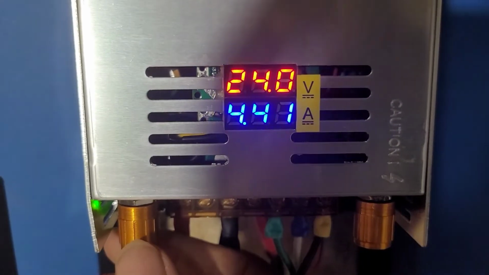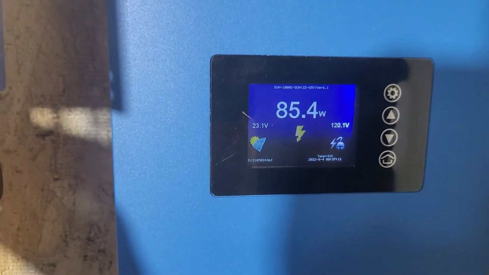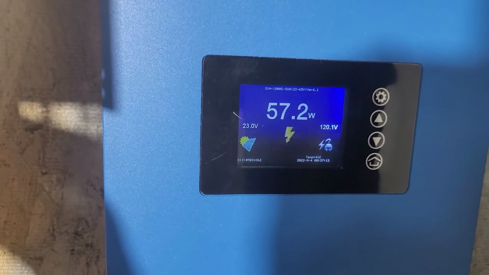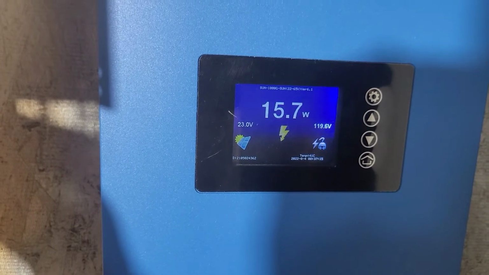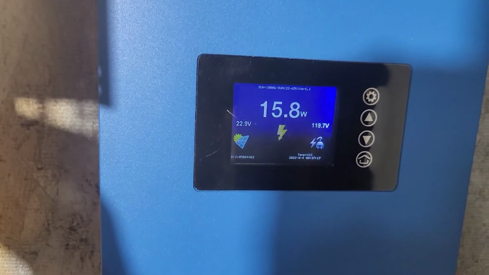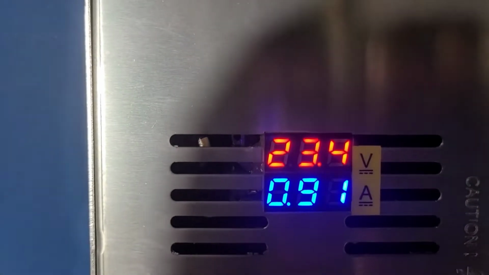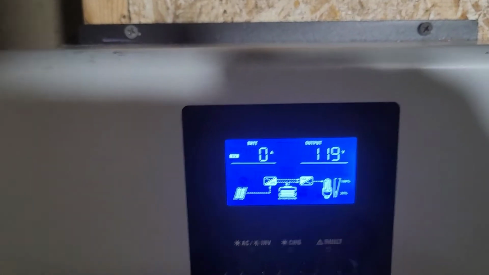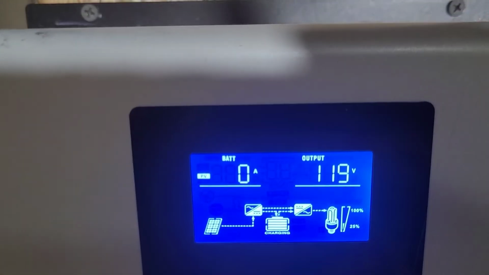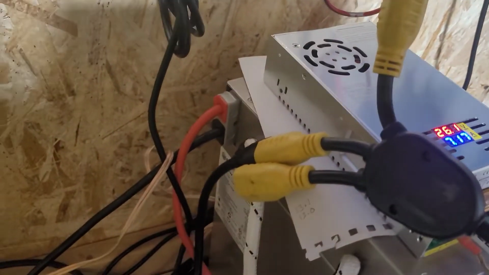Okay, so like I said, if I can get this just right, because I split it. Now we're under an amp here. This still hasn't gone up. And the battery's still not charging. So I know I can get it that way.